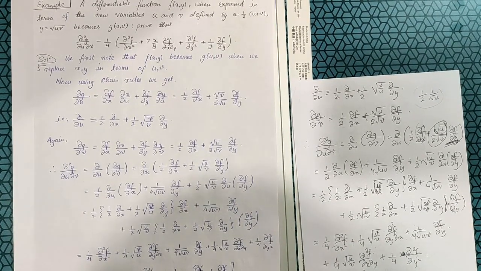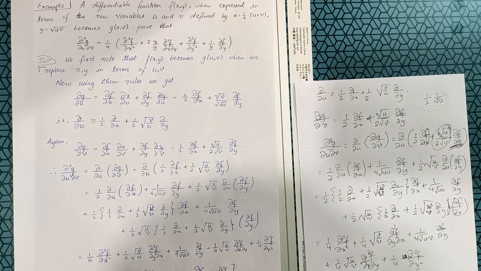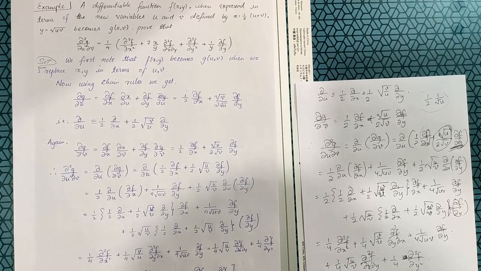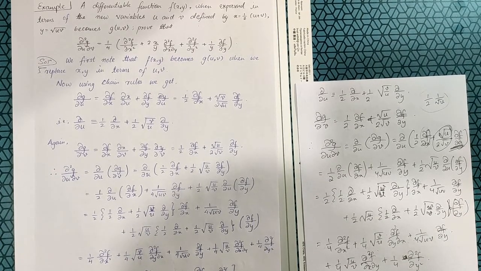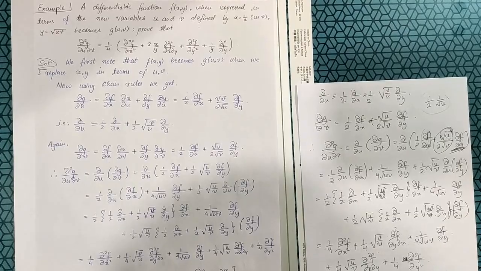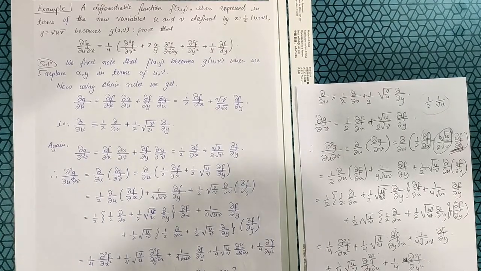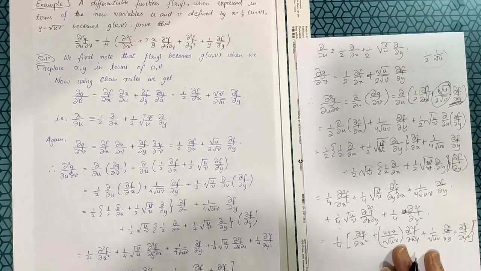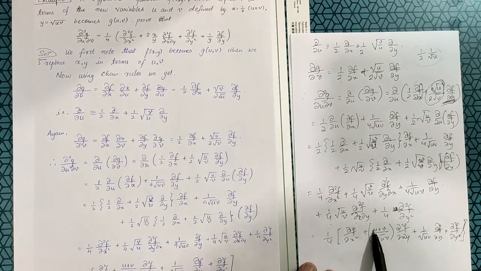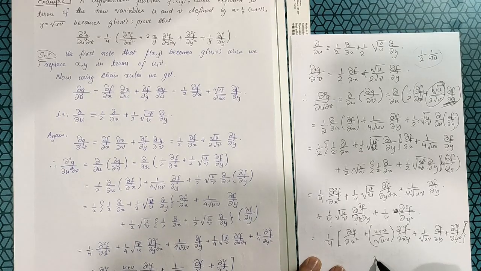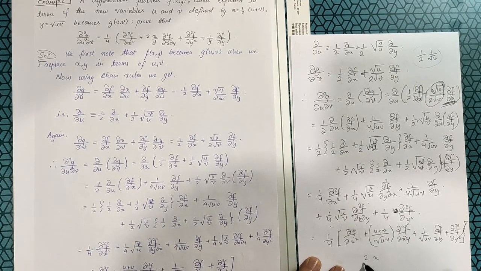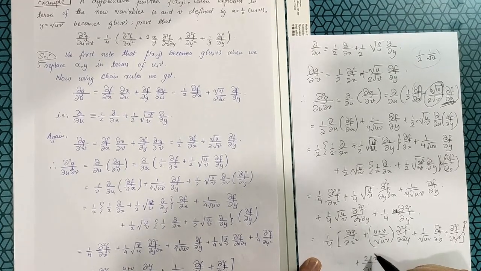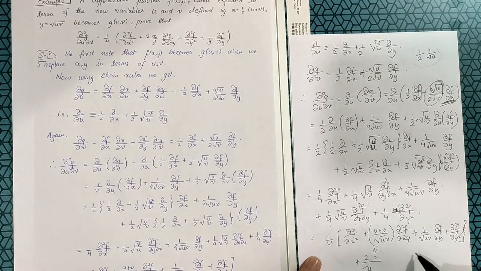the sum, which is u plus v root over uv del 2f del x del y plus 1 by root over uv del f by del y plus del 2f del y square, and hence putting the value, u plus v is 2x and root over uv is y, so we get in this case, and this is the required result.